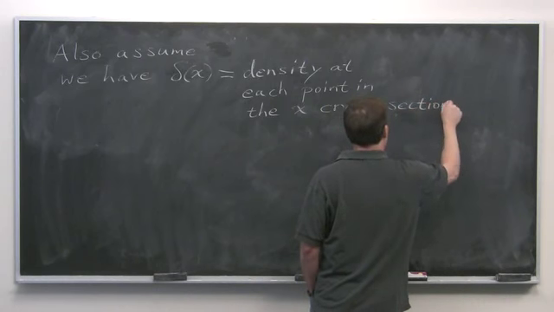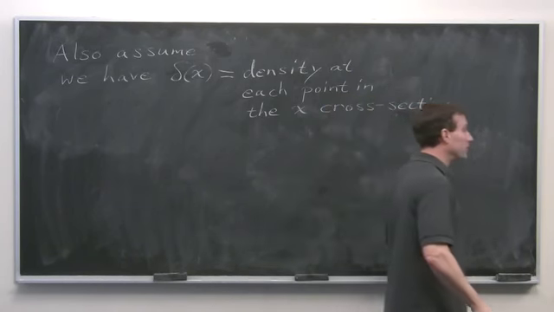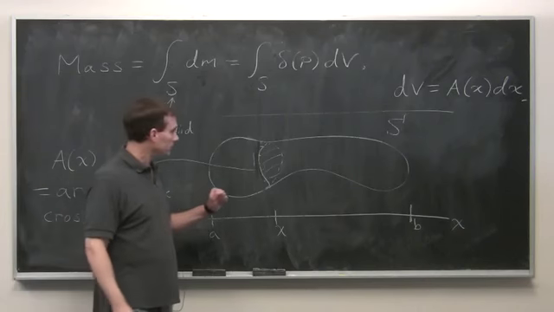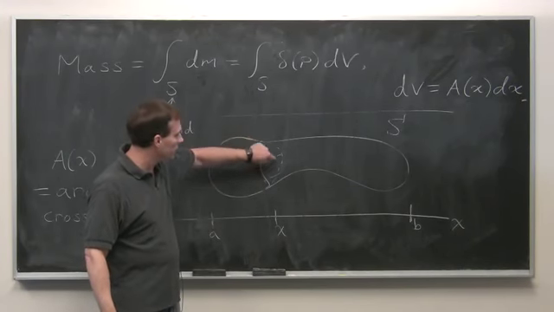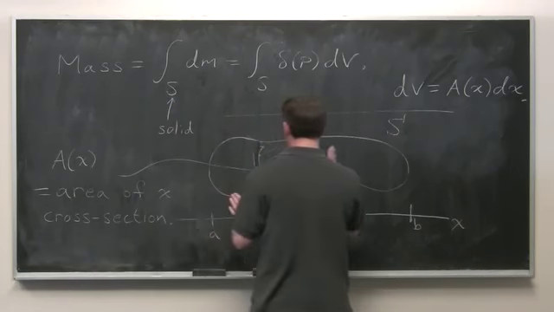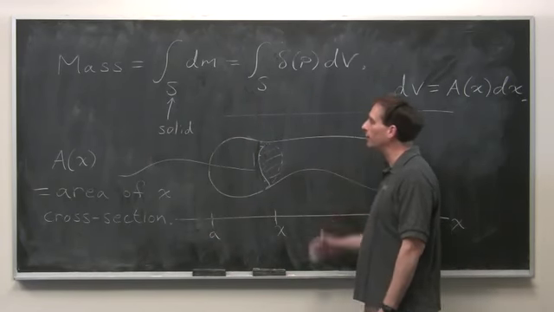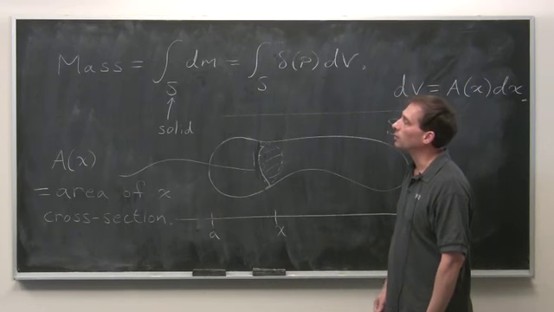So I am assuming that the density of the solid does not change in a given x cross-section. So all these points would have the same density, but as your x changes, then the density of your solid can change. All right.